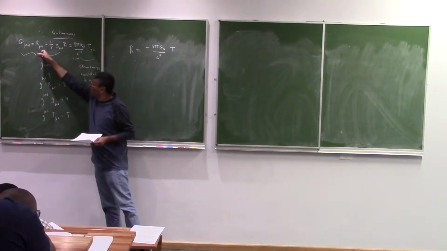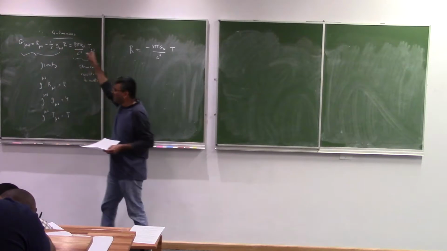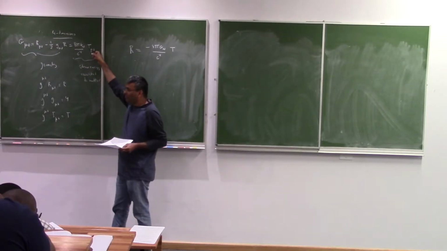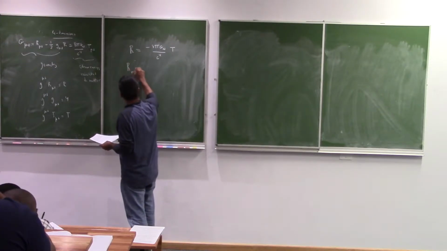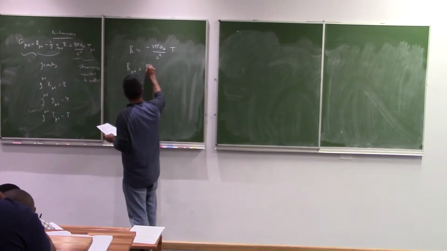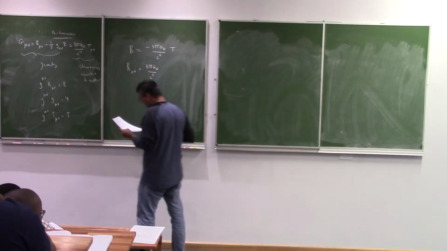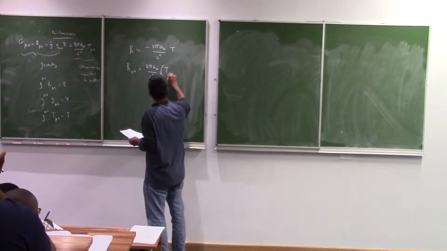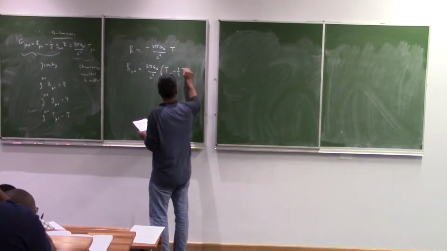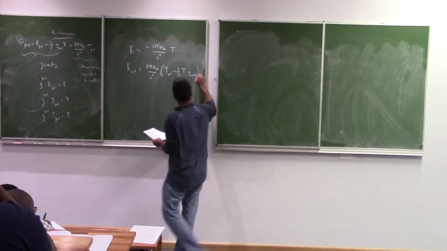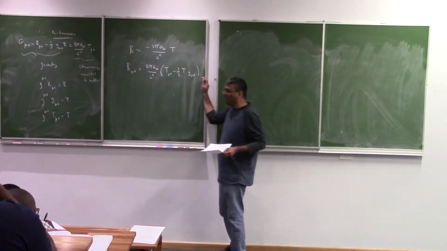That way we can get an expression in terms of the curvature on one side and T's on the other side. When we do this, we see that R mu nu is equal to 8 pi G Newton over c to the 4th, T mu nu minus 1/2 T g mu nu.